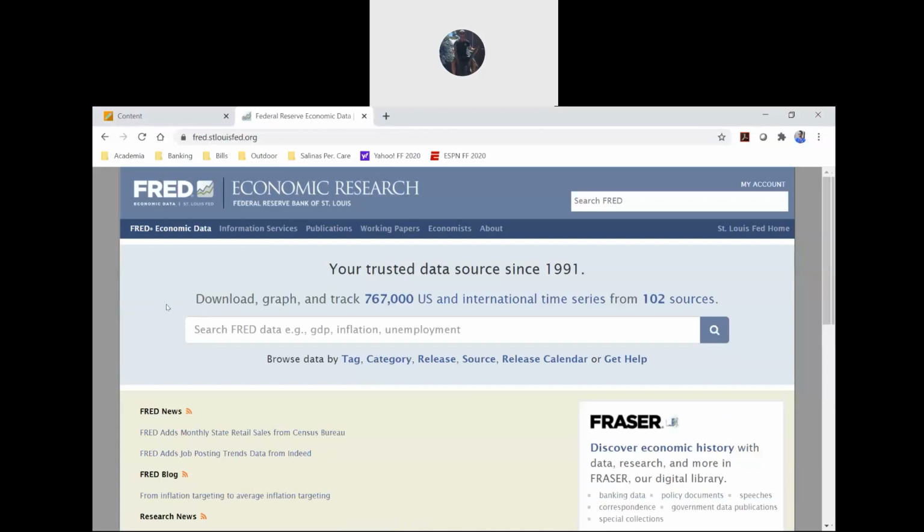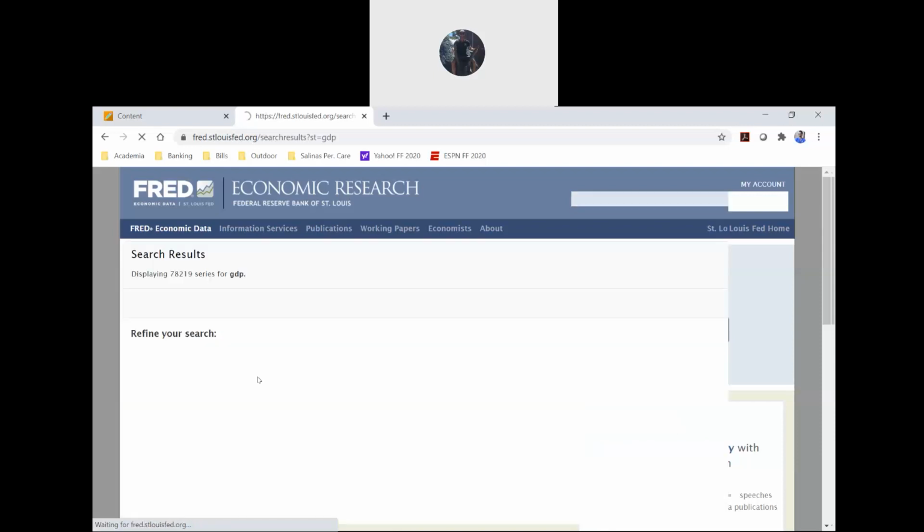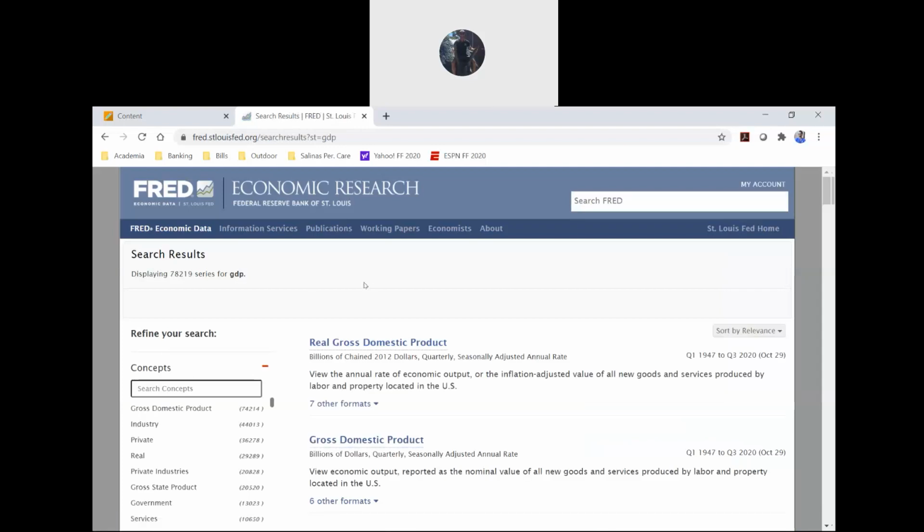Okay, so you can go to this website and type in any key term. We've learned about GDP, so let's just look for that. There's a bunch of different search results, but usually the top one is the most relevant or the highest ranked.